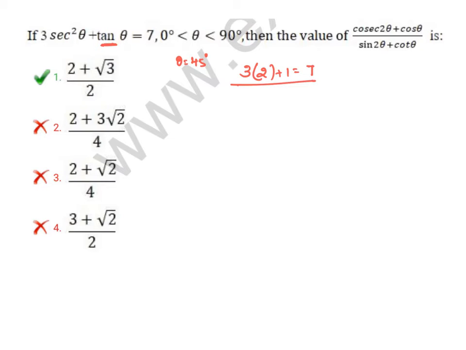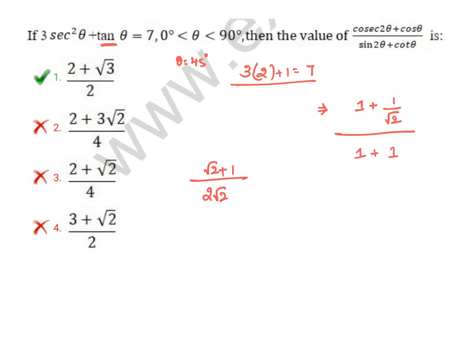If I substitute the same thing here, cosecant 45 into cosecant 90, cosecant 90 is 1, plus cos theta, cos 45 is 1 by root 2, by sin 2 theta, sin 90 is 1, cot theta is 1. So you have root 2 plus 1 by 2 root 2.